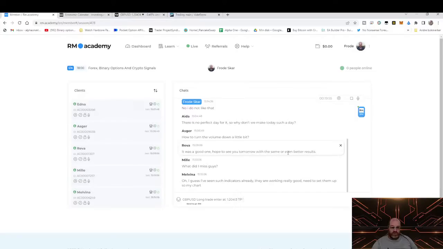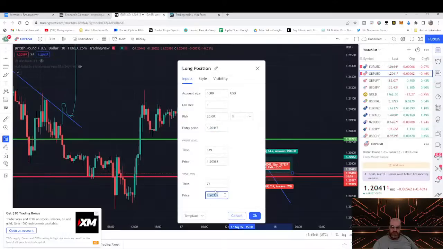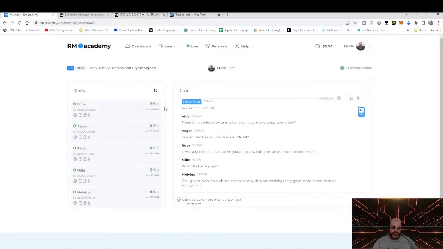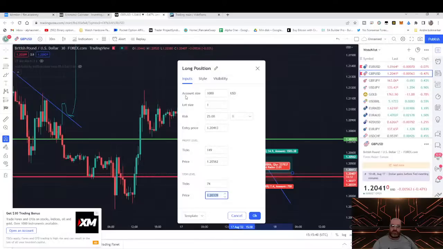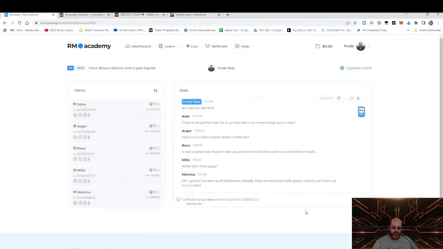Stop loss first, stop loss at this level, and we take profit at this level. Then I will make sure I take this trade myself. Now I'll copy it there.